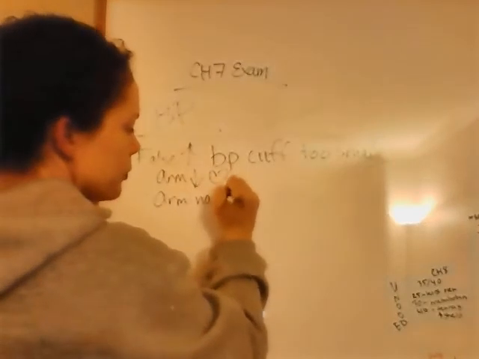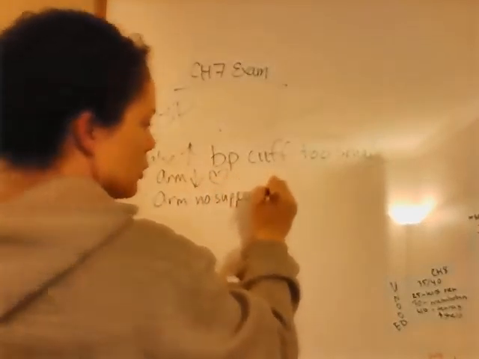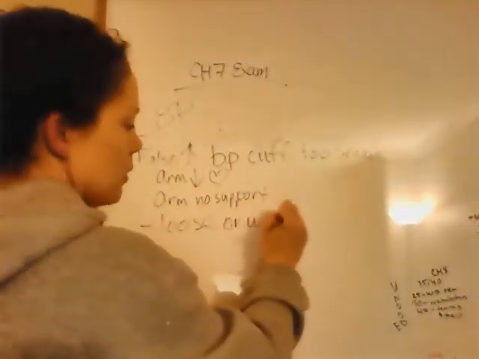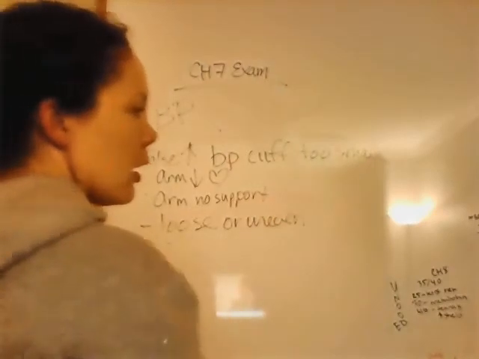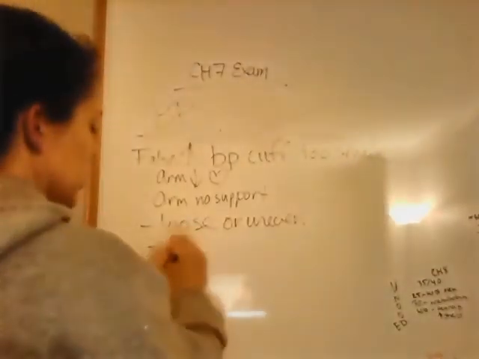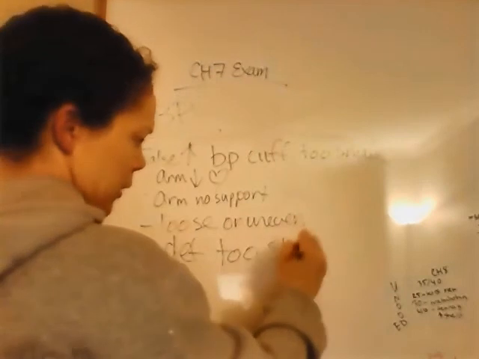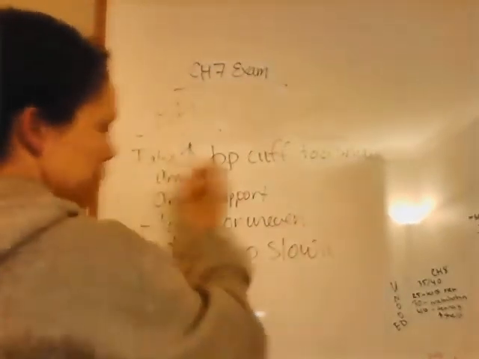So arm below heart, arm not supported. Or if the blood pressure cuff is loose or uneven. Also, deflating too slowly, but they'll give you an ugly look if you do that. If you're deflating too slowly, you're going to get a false high reading.